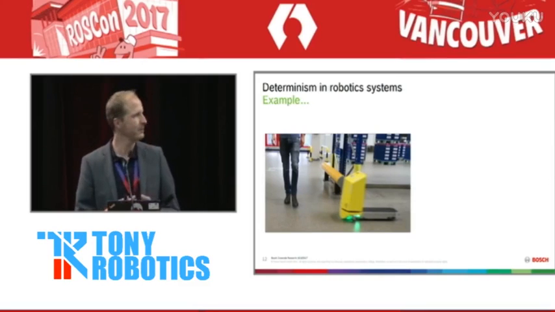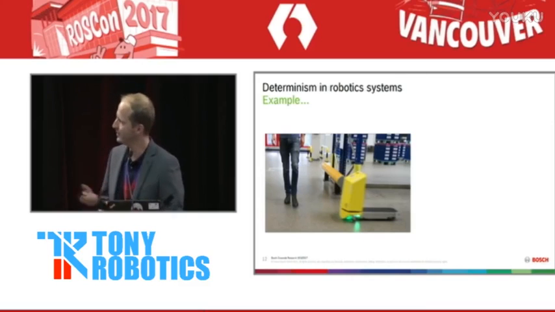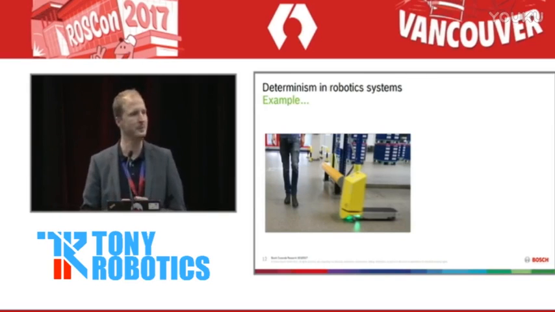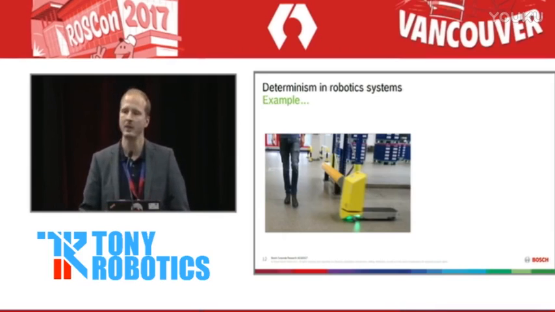In many cases this might not be so important, but in this example the robot is moving to the left, and you see there's a person coming there, and we had better be sure that the robot can stop in time. In this situation it's unloaded, but this robot can carry 250 kilos of payload, plus some weight for the robot. You really wouldn't want to hit a human with that.